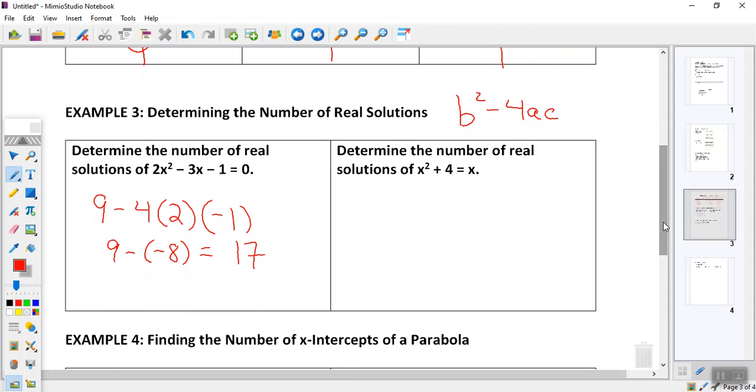Since the discriminant is positive 17, then how many solutions must there be? 2 solutions. So I'm going to say since b squared minus 4ac is positive, there must be how many solutions, kids? 2 solutions. Exactly. Very good.